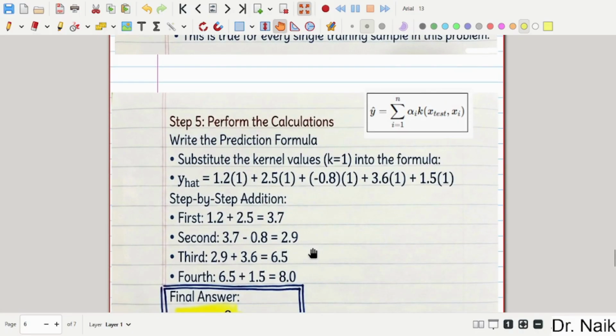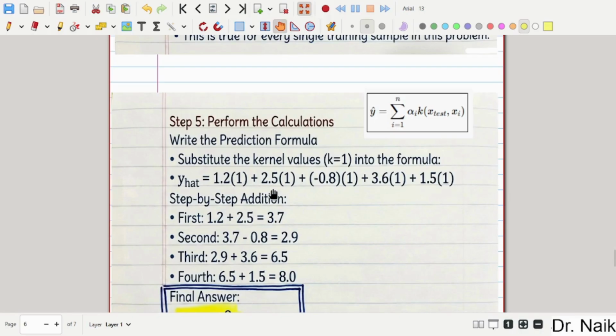Now write the formula for the prediction, y hat. y hat is calculated by the summation of alpha i, where i ranges from 1 to n, multiplied by k of x test comma xi. We just calculated k of x test comma xi as 1. So 1.2 multiplied by 1 plus 2.5 multiplied by 1 plus minus 0.8 multiplied by 1 plus 3.6 multiplied by 1 plus 1.5 multiplied by 1.